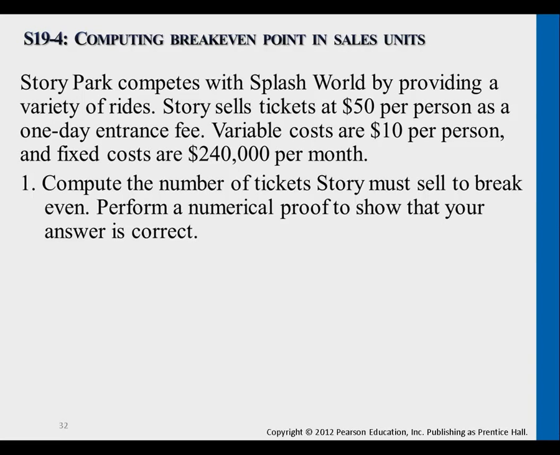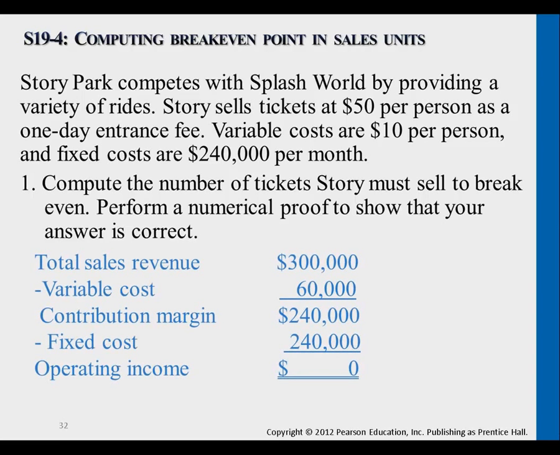So let me give you a minute to try it on your own first. Okay, so your total sales revenue is 300,000. Variable cost is 60,000. We subtract one from another, and then contribution margin is 240,000.